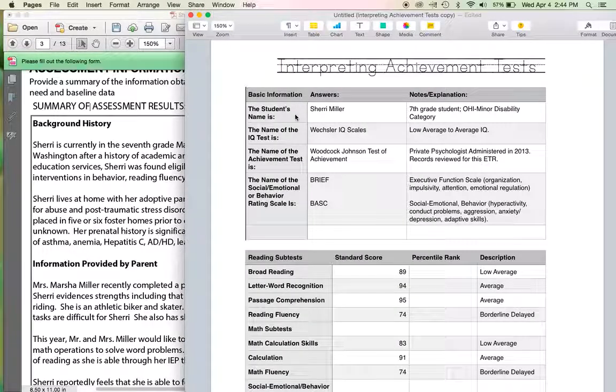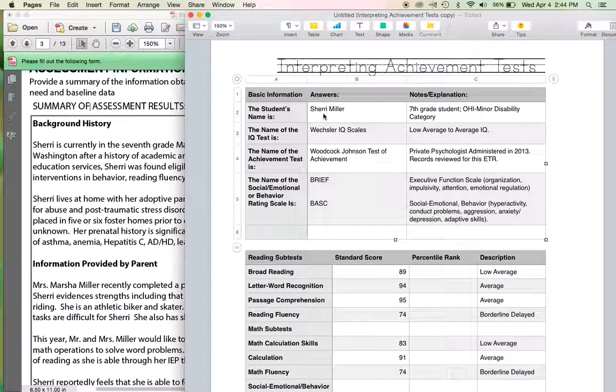Also go through and fill out this basic information section at the top of the table in regard to interpreting the achievement tests. You're going to want to walk through the ETR, put regular things here like the student's name, and then get your bearings on what the ETR contains in terms of what assessments were given and what each of those measure.